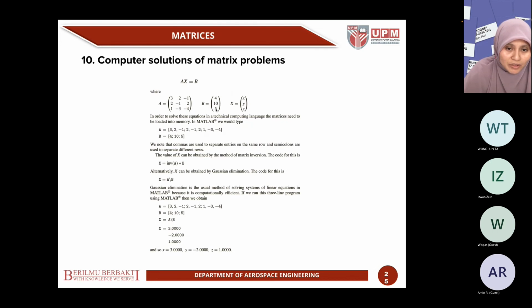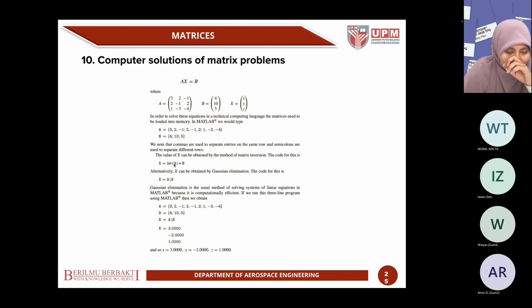For example, this one, 4, 10, and 5, can also be written like this, since it only has one column. The comma is used to separate the entries and the semicolon is used to separate the different rows.